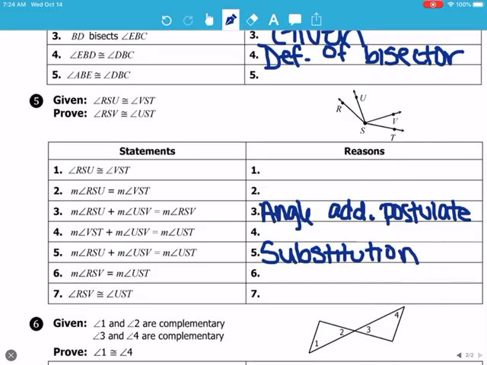And let's do number 7, which is definition of congruence. Okay. Pause here if you need to. I'm going to move on to the last proof.